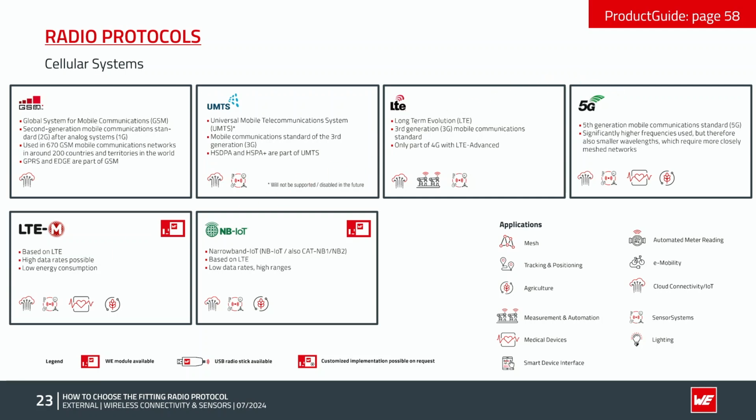You have LTE Cat-M and narrowband IoT. Here it's already in the name, it's narrowband. So you have not such wideband solutions, but narrowband, and therefore you cannot send as much data, but you also do not need as much energy, and you have a higher range with the same frequencies because of the narrowband.